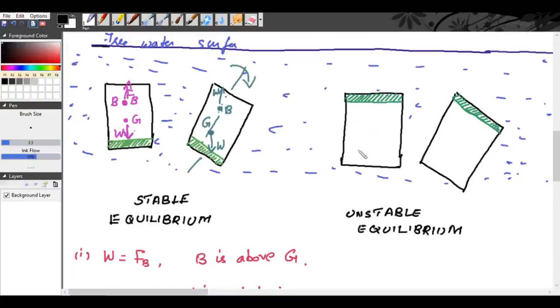So now we are assuming a body fully submerged inside the fluid, and the top portion of the body has some weight. So the weight is accumulated in the top portion of the body. So if that is the case, our center of gravity will lie on the upper half. So this is our center of gravity, and our center of buoyancy will lie below G. So the weight acts downwards and the buoyant force acts upwards.